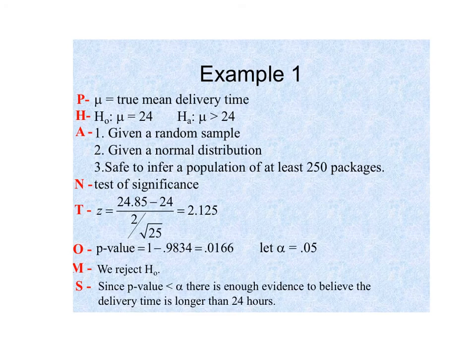And my conclusion is based on this fact. What was my p-value? It was 0.0166 from here, right? Is that value less than or greater than 0.05, which is my level of significance?